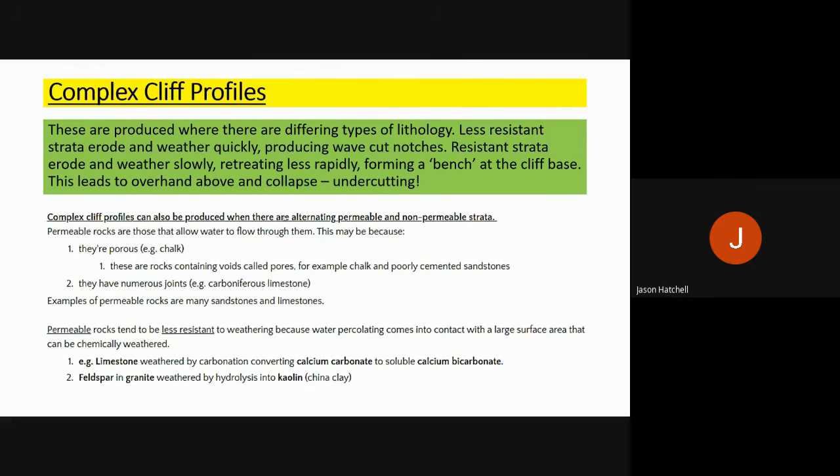So limestone, for example, weathering can take place at a fast rate. And some types of granite like feldspar can also weather at a higher rate. Now, non-permeable rocks, which are rocks that do not let water travel through them, erode much slower than permeable rocks. Okay? They're harder material.